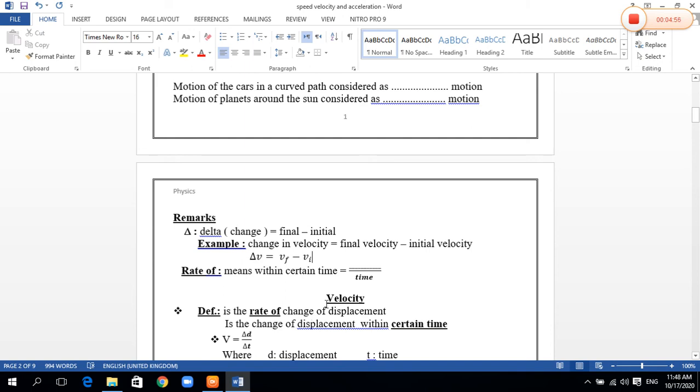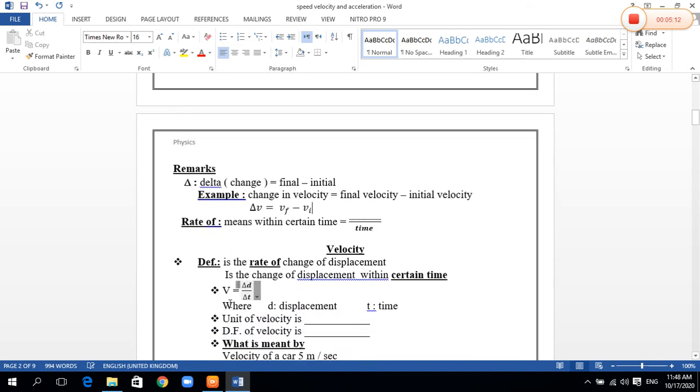So the velocity equals delta d over delta t. Okay, the rate of change of something means this physical quantity over the time. So d represents displacement and t represents time.